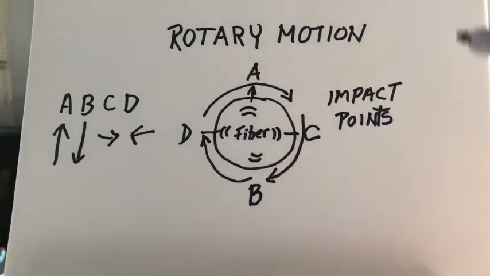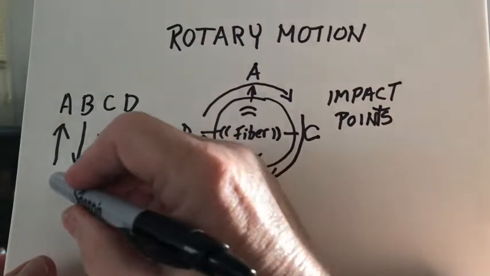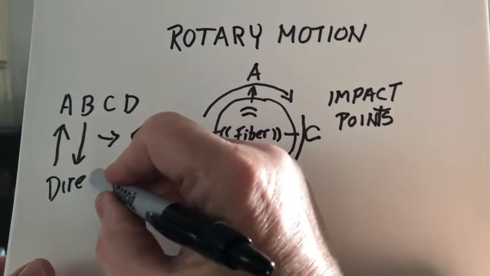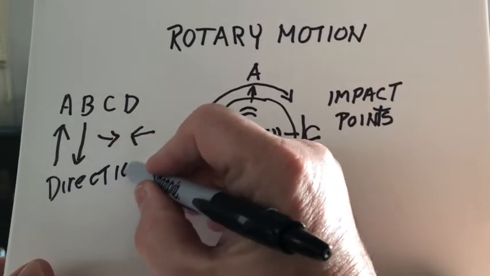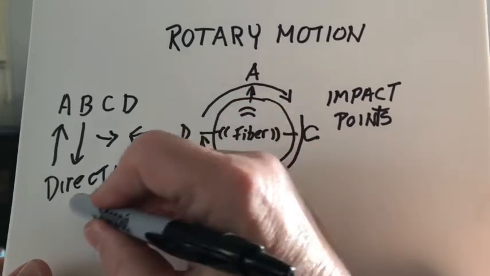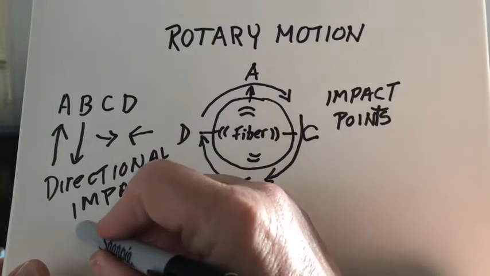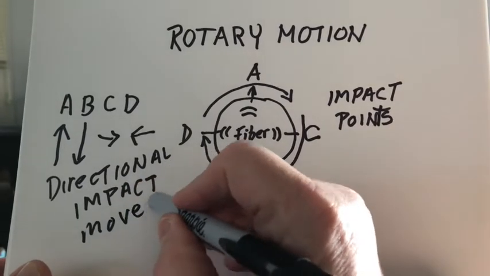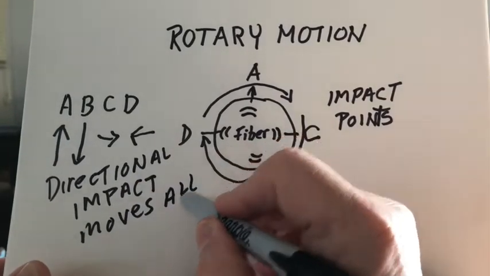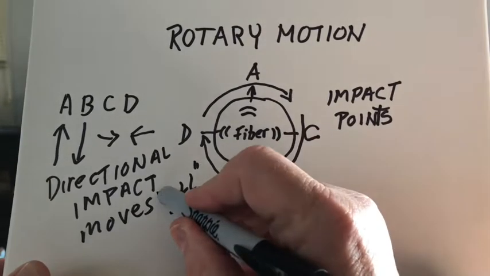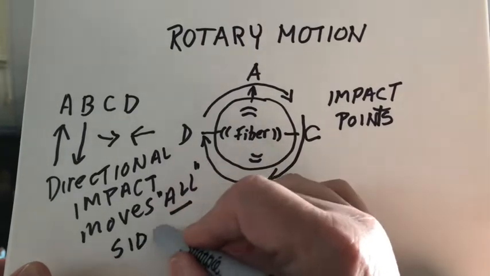So basically what you're looking at is those lines in the middle is your fibers. And the way it showed on the carpet, I'll probably try and redo this and show the actual carpet square, but I couldn't hold everything in place. So the directional impact moves all sides of the fibers.